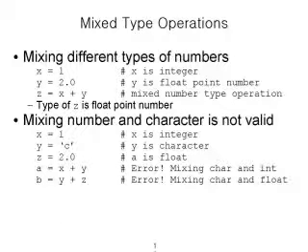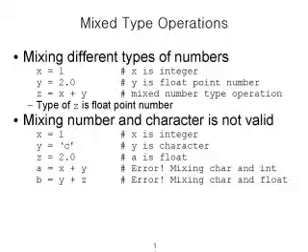You need to be careful that some of the operations are not valid if you are mixing different types of variables. For example, you can add an integer with an integer. You can add an integer with a floating point number, but it would be illegal to add an integer to a string variable.